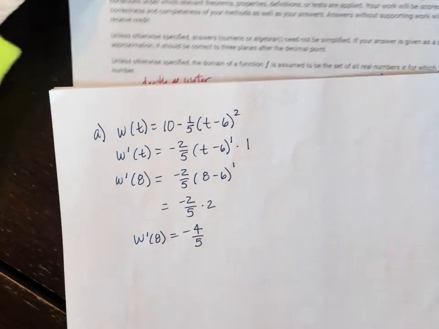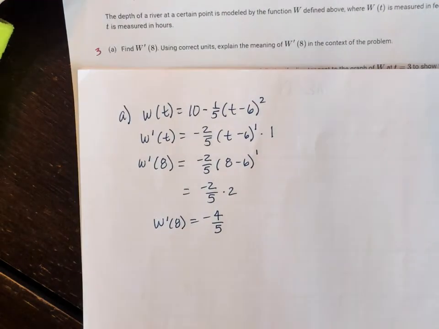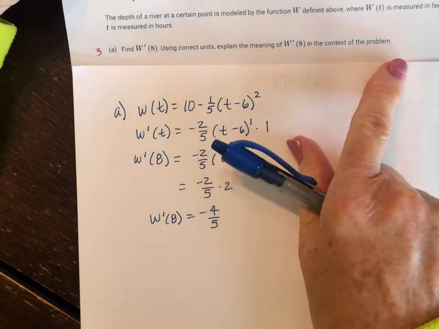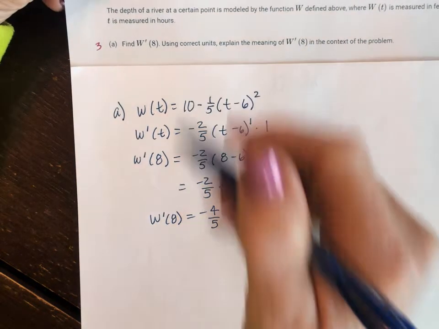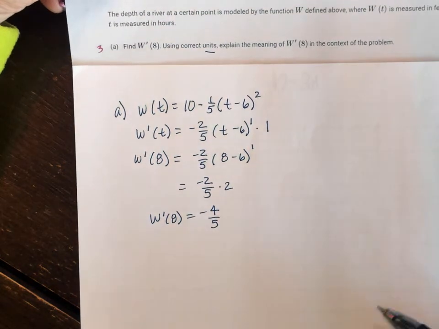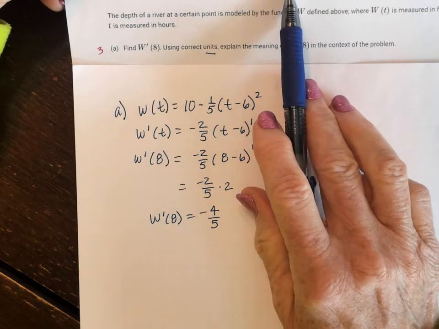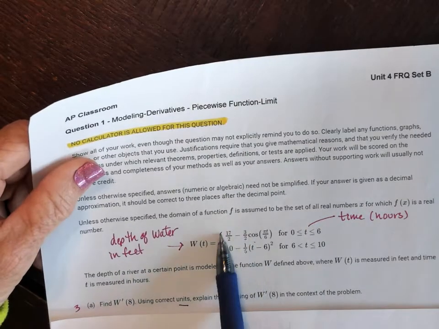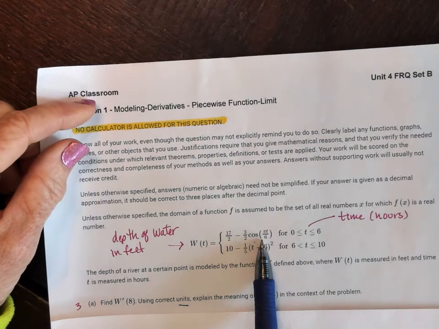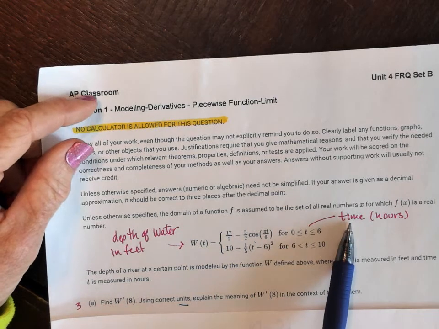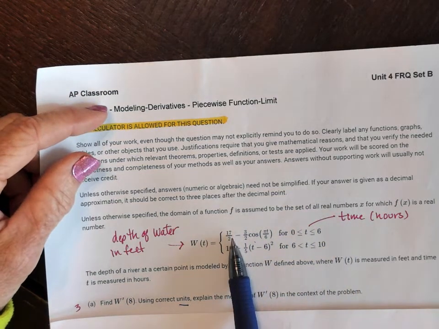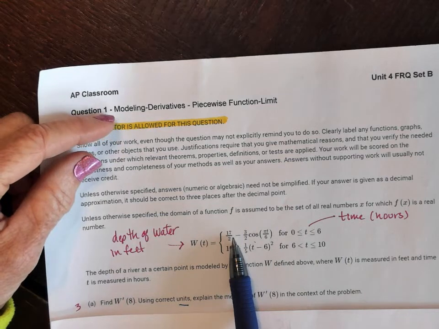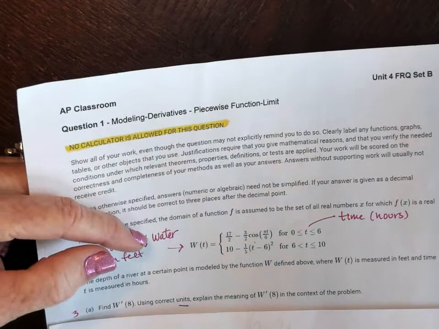Okay, now they also asked us for this one to explain the meaning of W prime of 8 in context of the problem and using correct units. So we did a derivative here, and W was the depth of water in feet and time, so we are finding how fast the depth of the water in the river is changing at time 8 hours.